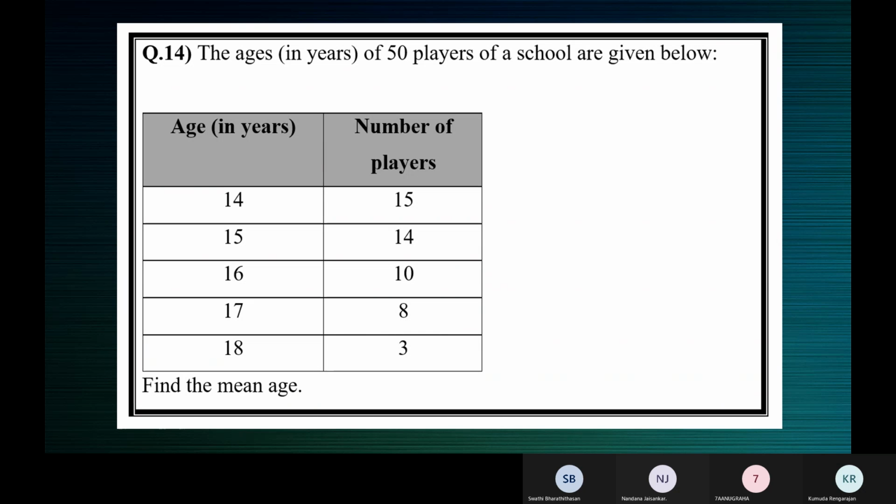Completed with the answer, ma'am. Okay. Done, ma'am. Anugraha? I want Anugraha to share the answer. Shall I say the frequency and the mean?